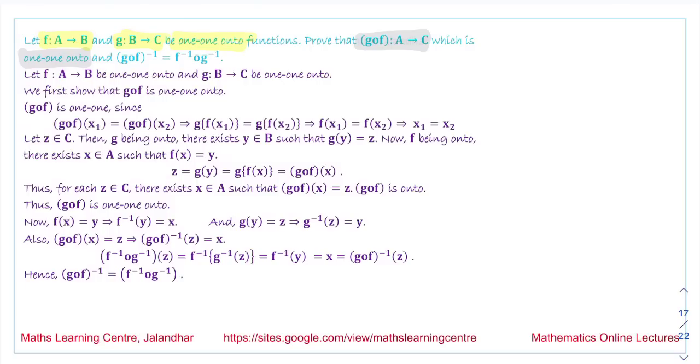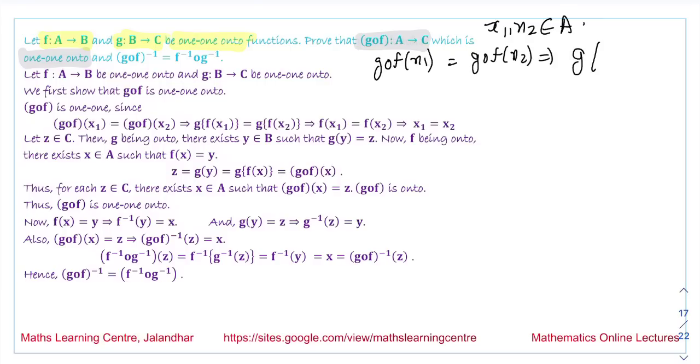So we consider two elements x1 and x2 that belong to the set A. We are calculating the value of g of f of x1. Suppose this is equal to g o f of x2. So this implies that g of f of x1 is equal to g of f of x2.